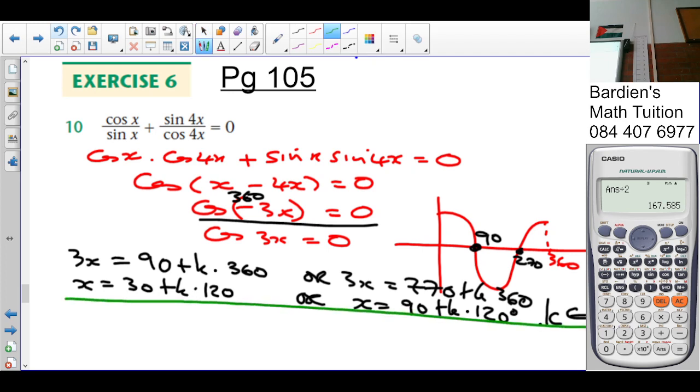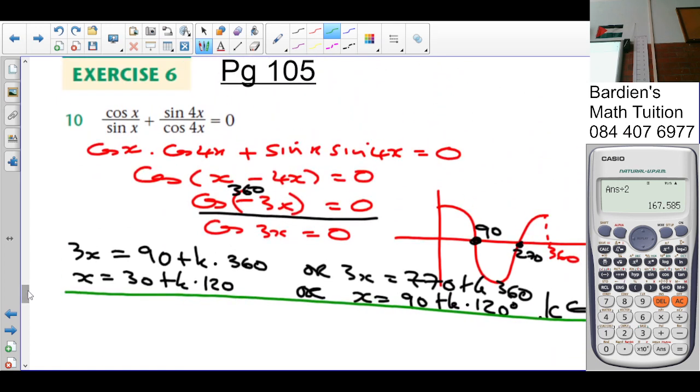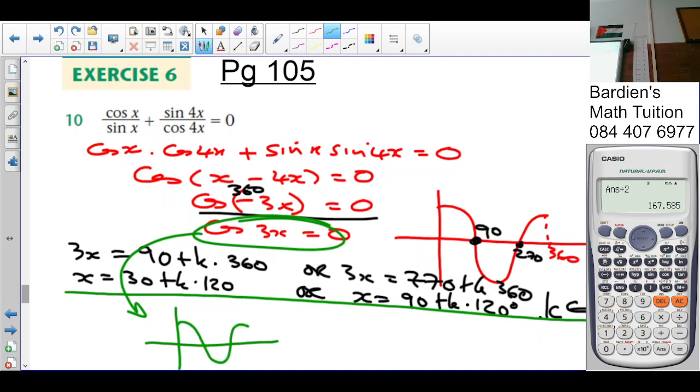Otherwise, I could have taken it from here and said, okay, take it to the graph, exactly as we had it. And the question is, there's normally 360 here. As we know, it's 90 and 270. But we know the solution happens every 180 degrees.